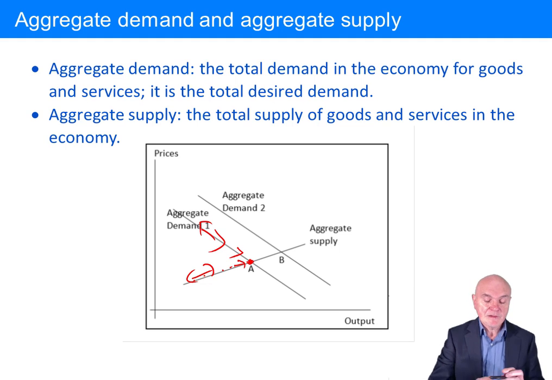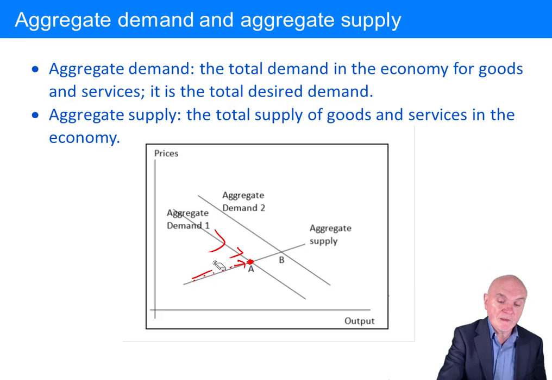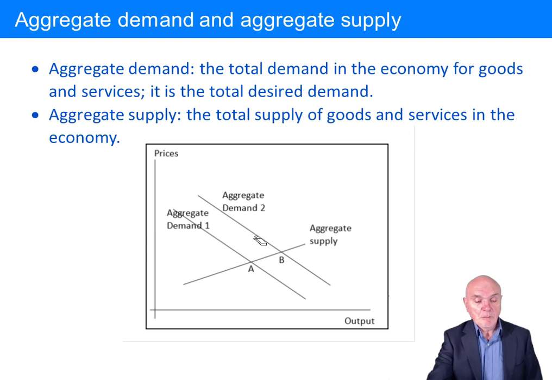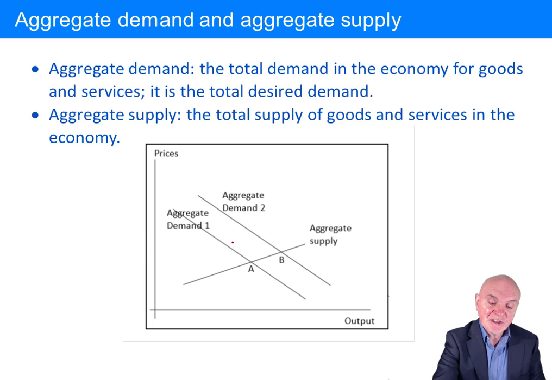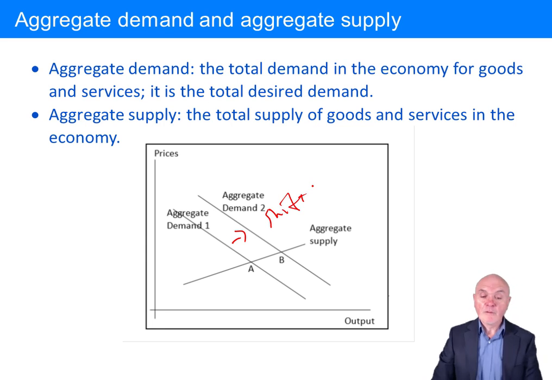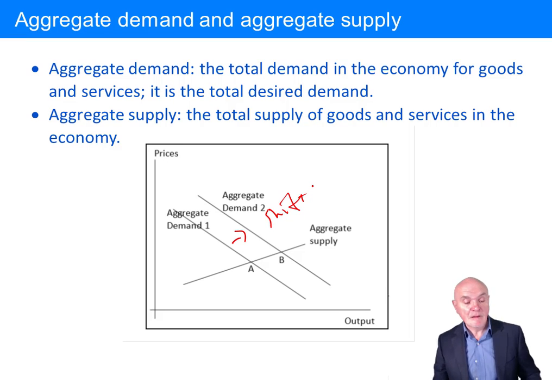Let me just get rid of these arrows which we've got in here, then we can look at that. So what we've got going on here is we started off with aggregate demand 1, and what we're doing is we're getting what's called a shift in the demand curve to the right. It's called a rightward shift in the demand curve.